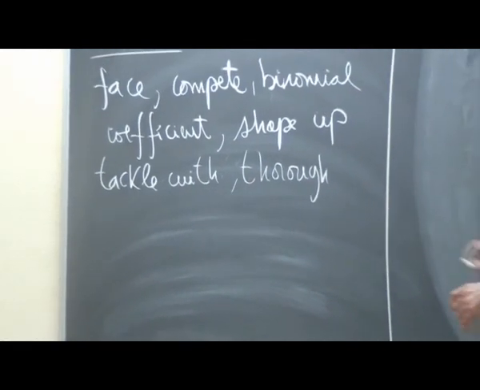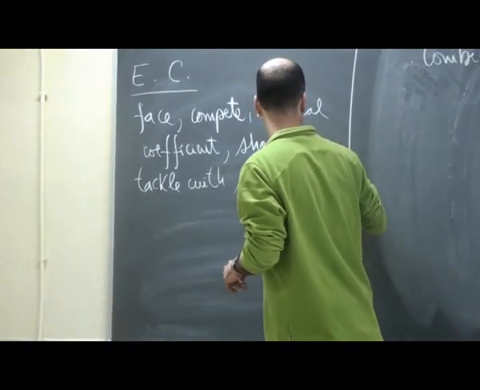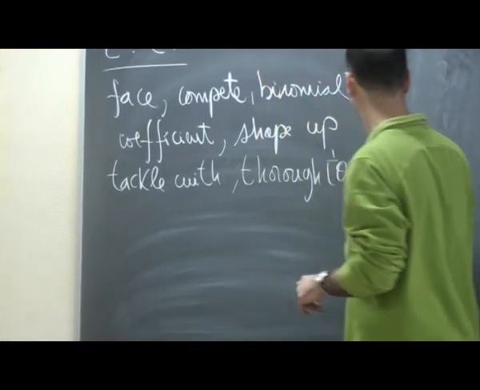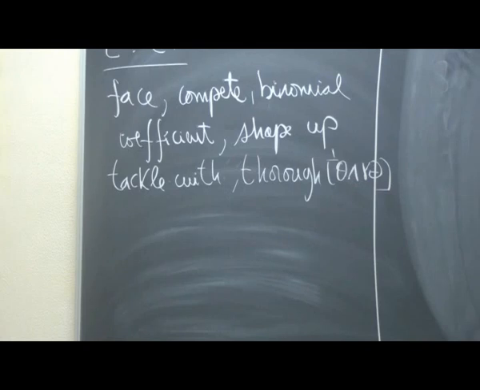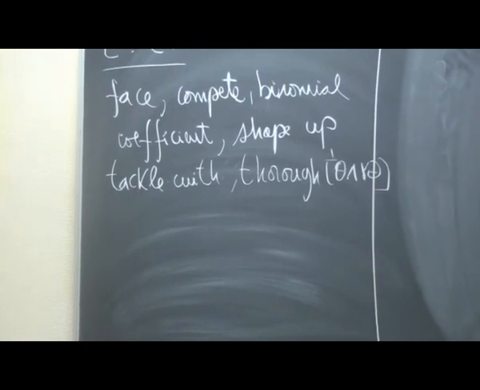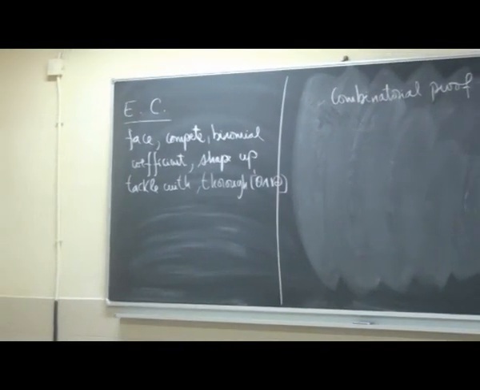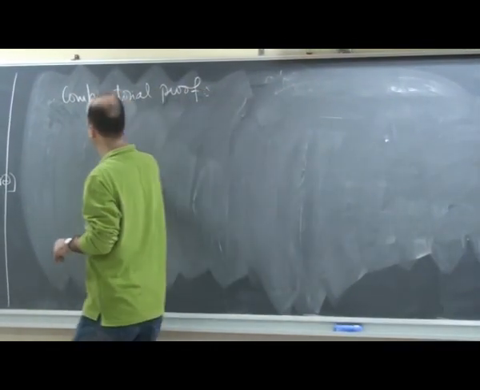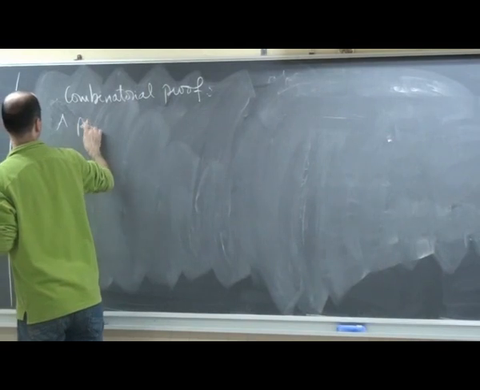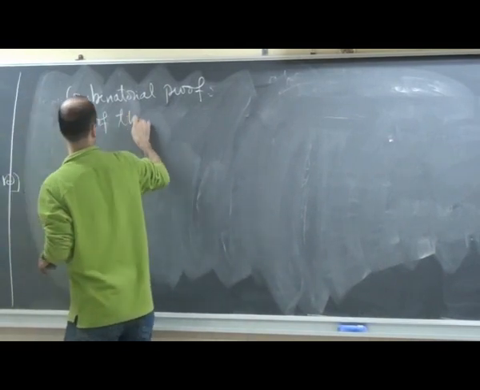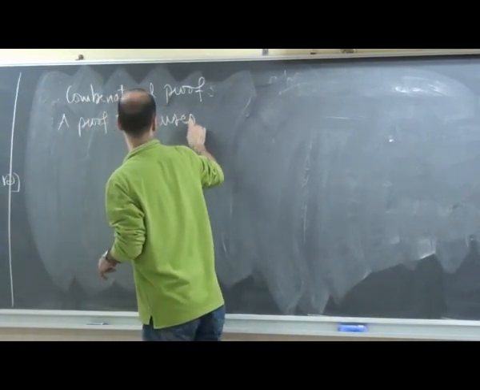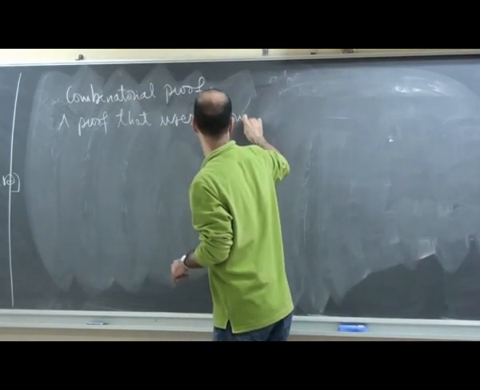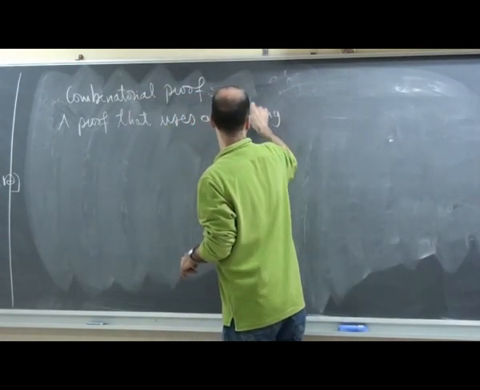Yeah, this is a very strange word because it's one of those occasions where the letter O is pronounced O. So, combinatorial proof. What's a combinatorial proof? A proof that uses a counting argument.